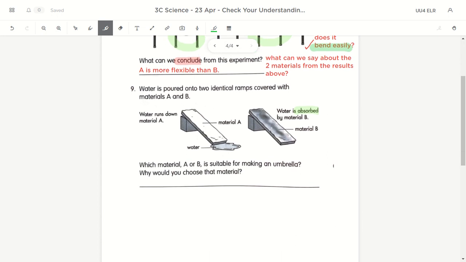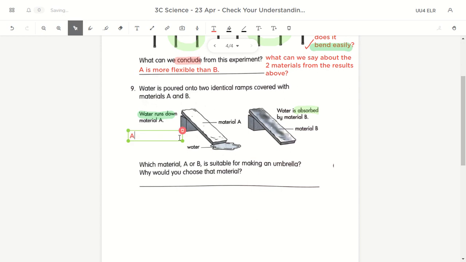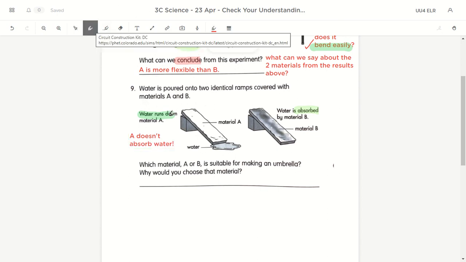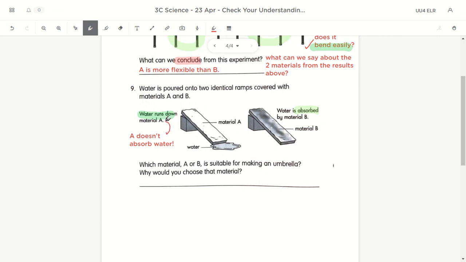Okay, the second one: water is poured onto two ramps covered with A and B. When I pour water down on A, you realize that the water runs down. So when water runs down, what does it tell you? It means A doesn't absorb water. I never tell you whether it absorbs water or not. You need to tell from the evidence.